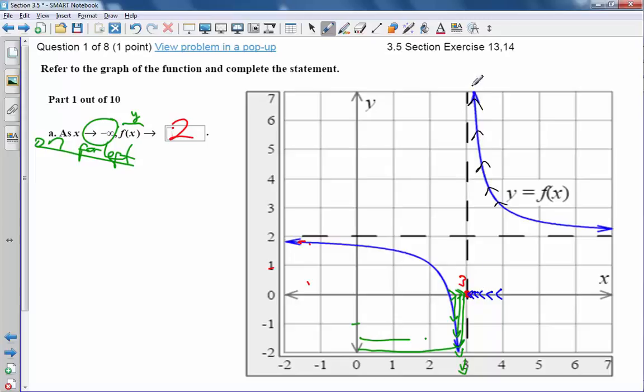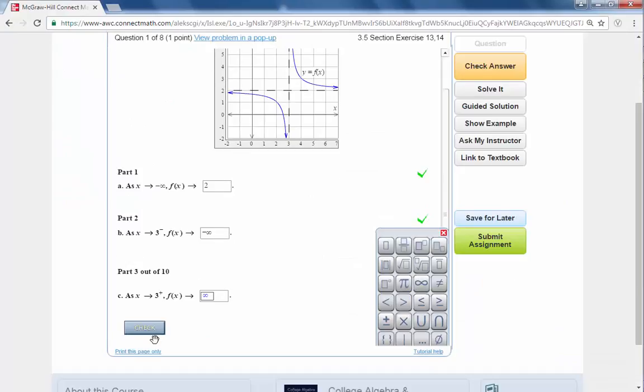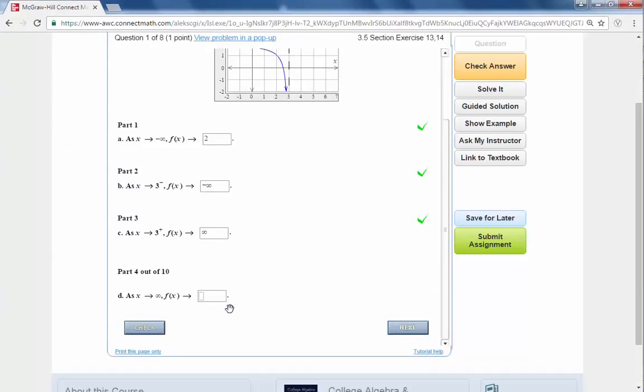You put one more, you are moving up. Get closer, you're moving further up. So where are the values going? Infinity. Yep. Did you get it now? Any questions? What does this symbol mean?